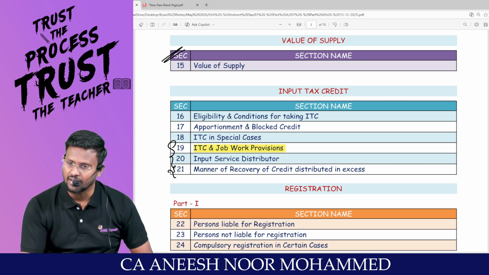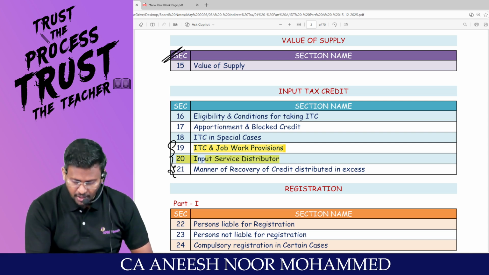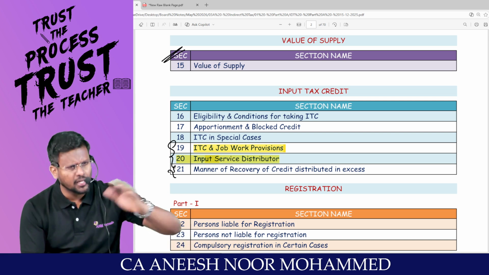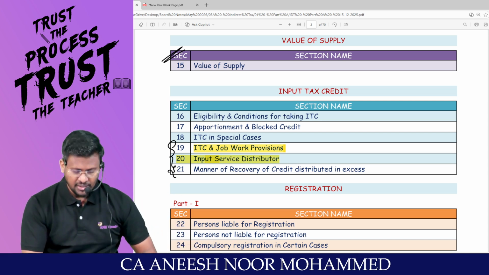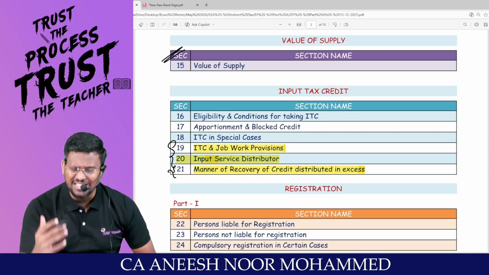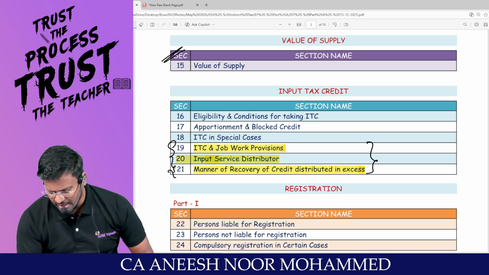Section 20, input service distributor. Even at Inter level we will use the word ISD, input service distributor. Section 21, manner of recovery of excess credit distributed.